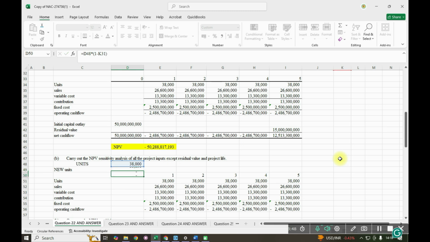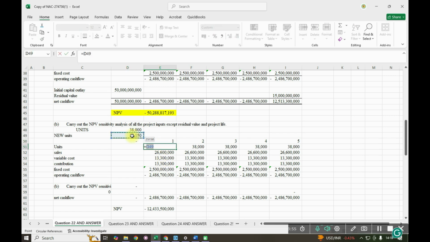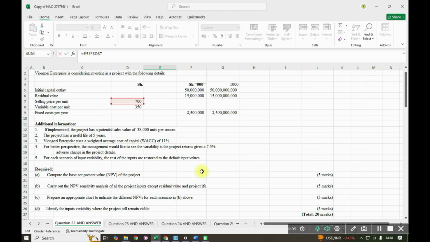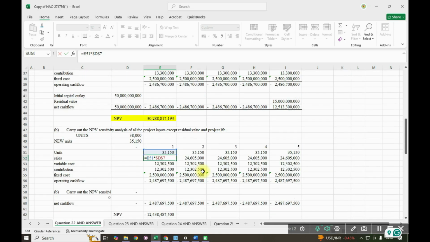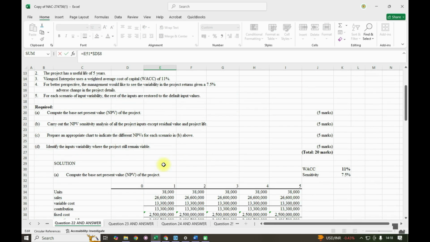So we shall have that 35,150 as our new units. That one will be the new units that will change. And we'll find that the rest will remain: the selling price by the units, variable cost by the units.